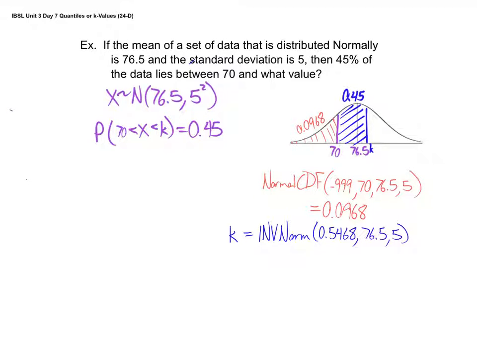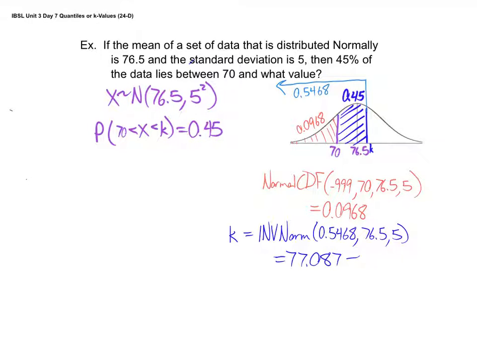Because what we just found is that this total area below is 0.5468. And remember, on a multi-step problem, don't round anything until you get to your final answer. So now we plug in. It's 77.087.